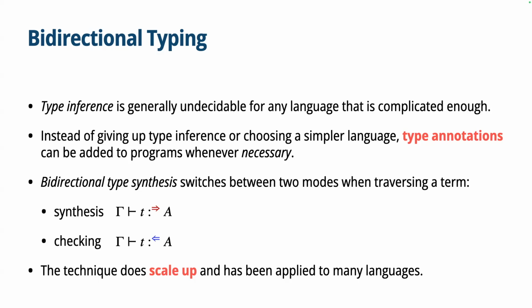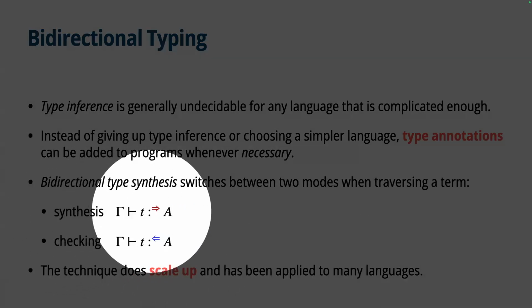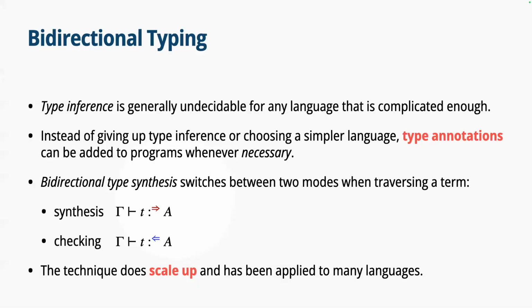So I use a different term to make sure that it's a different idea. So we have synthesis and checking. Having these two different processes, we design the type system with two different judgment forms to do the jobs.